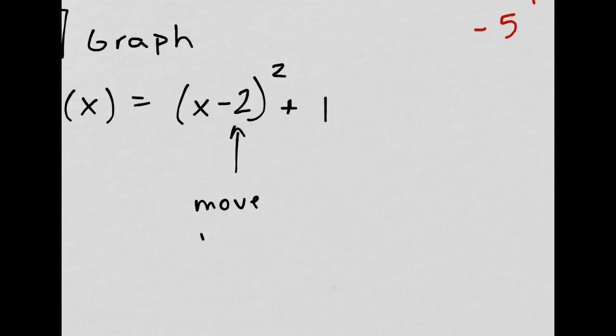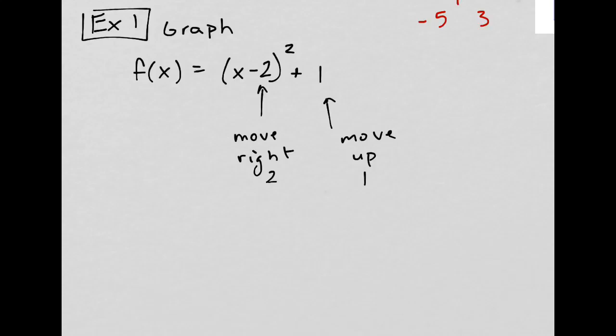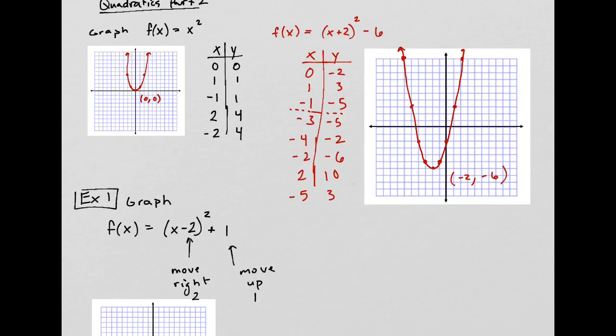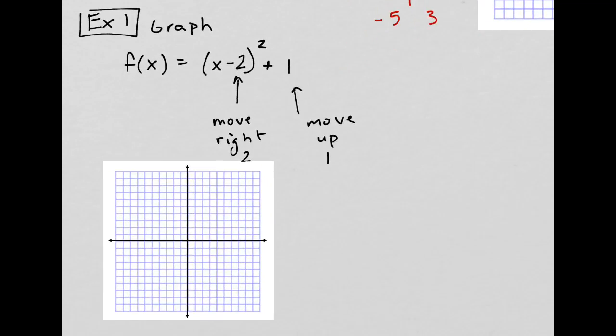Move right 2. This means move up 1. So when I graph this, I can just do it really quickly. So instead of starting from 0, 0, I'm going to start from, well, move right 2.